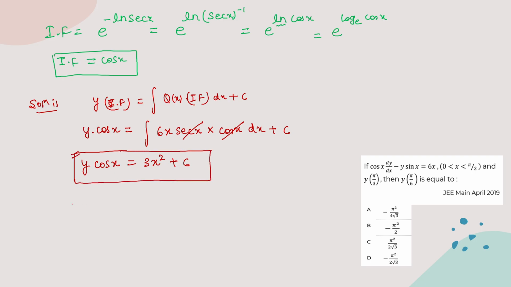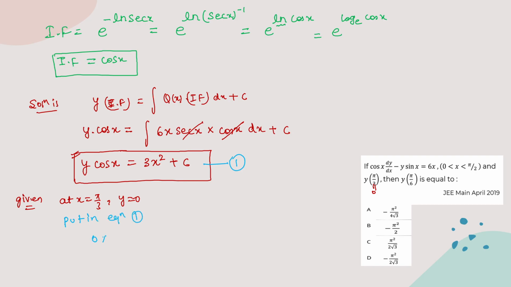Now the conditions are given. Given conditions, y of pi by 3 was given as 0. So it means that at x is equal to pi by 3, y is equal to 0. So let's say this is equation 1, and put in equation 1.